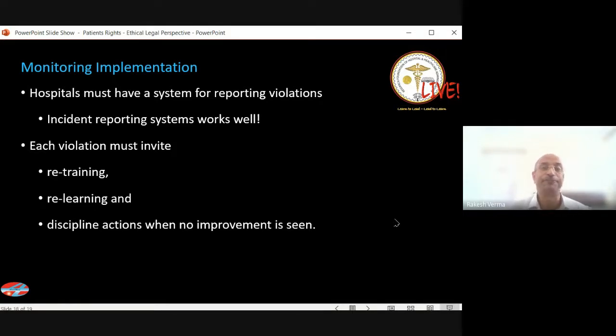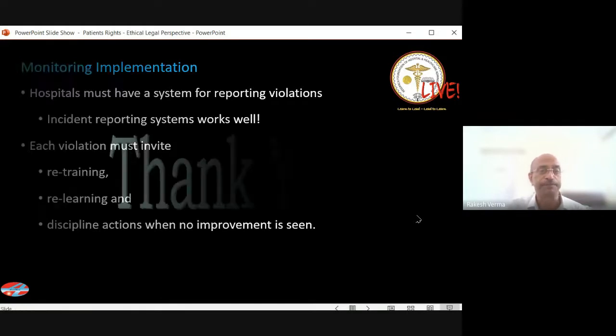Therefore, our first action has to be retraining of staff and ensuring that they understand and implement the patient's rights in a manner in which it is desirable. So retraining and relearning is our first step of action. And the second step, if there are repeat violations and people are not able to comply with the requirements, then of course there can be a disciplinary action or punishment included.